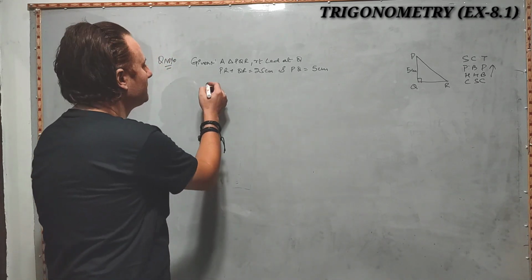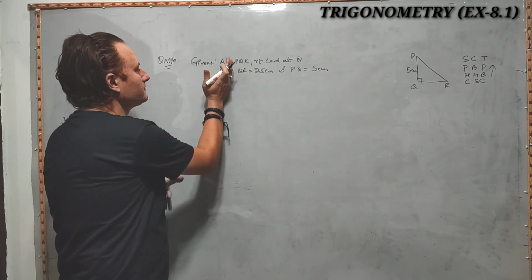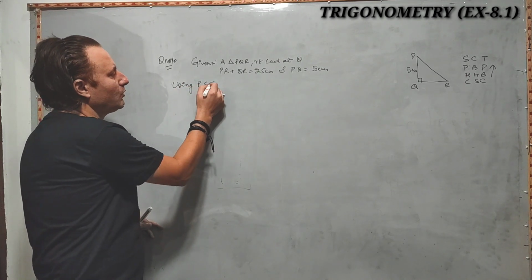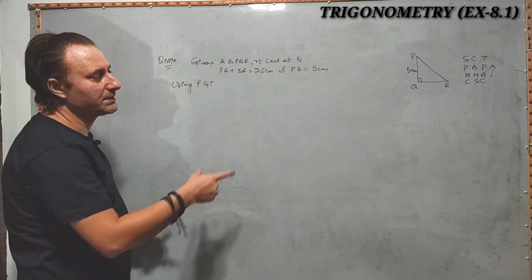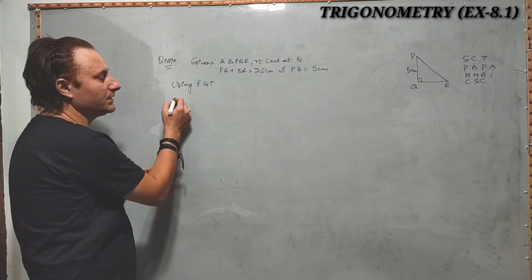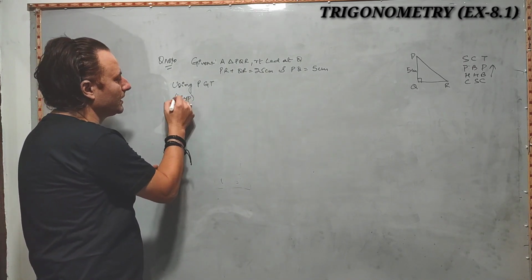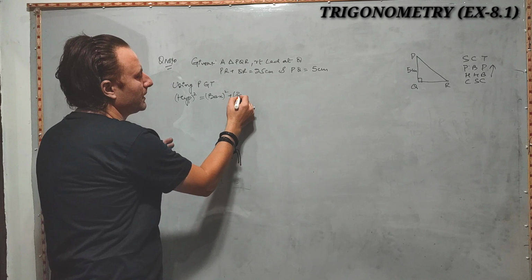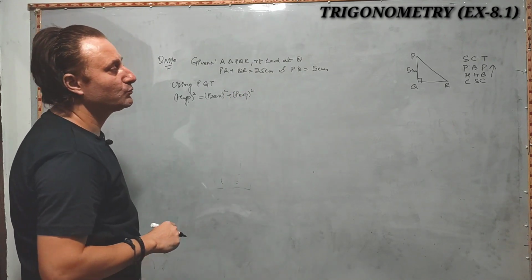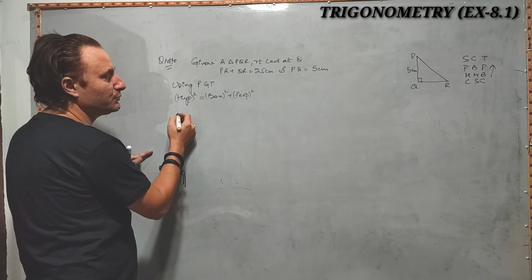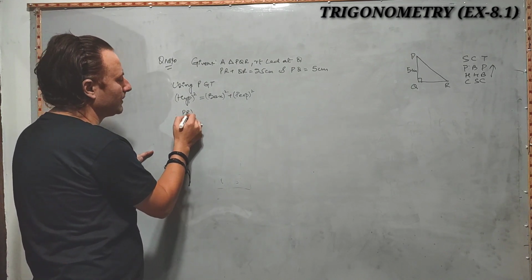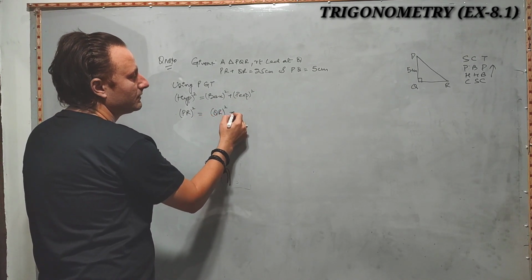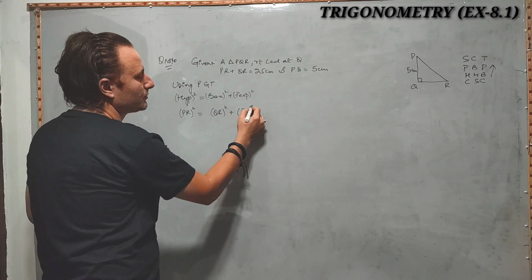So what do we have to do now? We have to find both the values, then only we can solve it. So let's see, using PGT, obviously I'm supposed to use PGT because there is a right angle triangle. We can say hypotenuse square is equal to base square plus perpendicular square. I have hypotenuse is PR, so I'll write it as PR square. Then I have base QR square and perpendicular is PQ square.